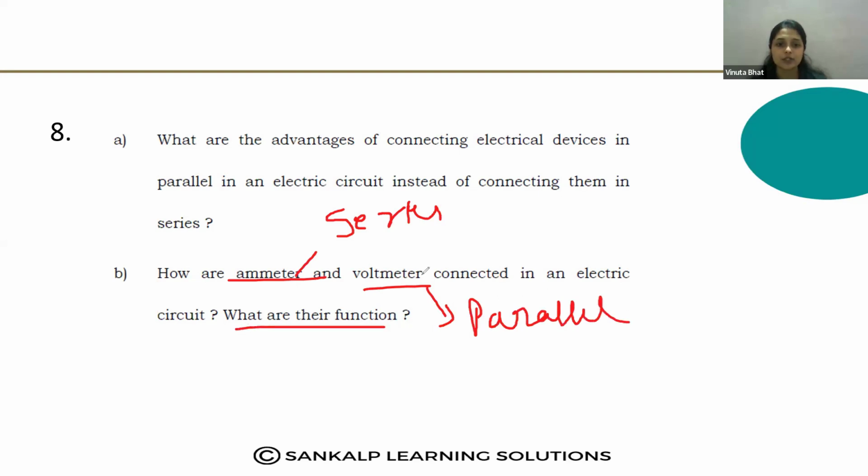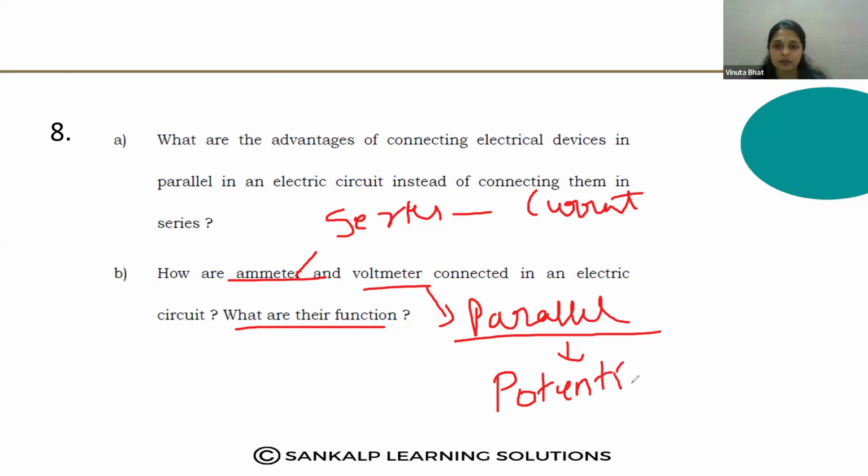The ammeter is used to measure the current in the electric circuit, and the voltmeter is used to measure the potential difference.